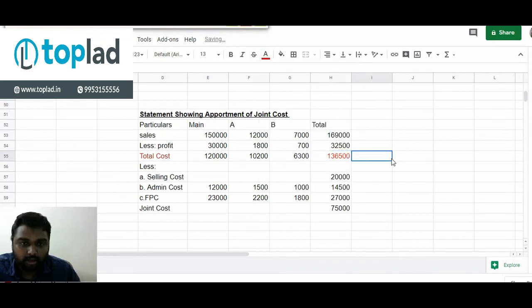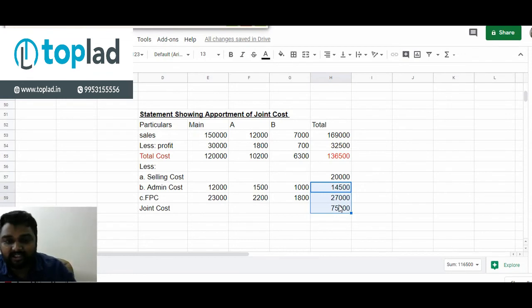If all the three costs are reduced from 1 lakh and 36,500, all the three costs come to 1 lakh and 16,500. The balancing figure is the selling cost.